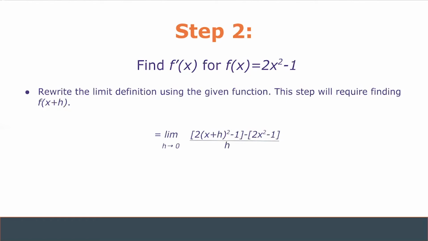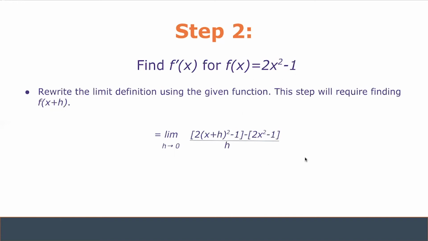So an easy way for me to remember it is essentially you're subtracting your given function from itself twice, but you're substituting different variables into it in both of those times from your definition function. So in your first expression, you've got that x plus h substituting in for your x in your 2x squared minus 1 function.